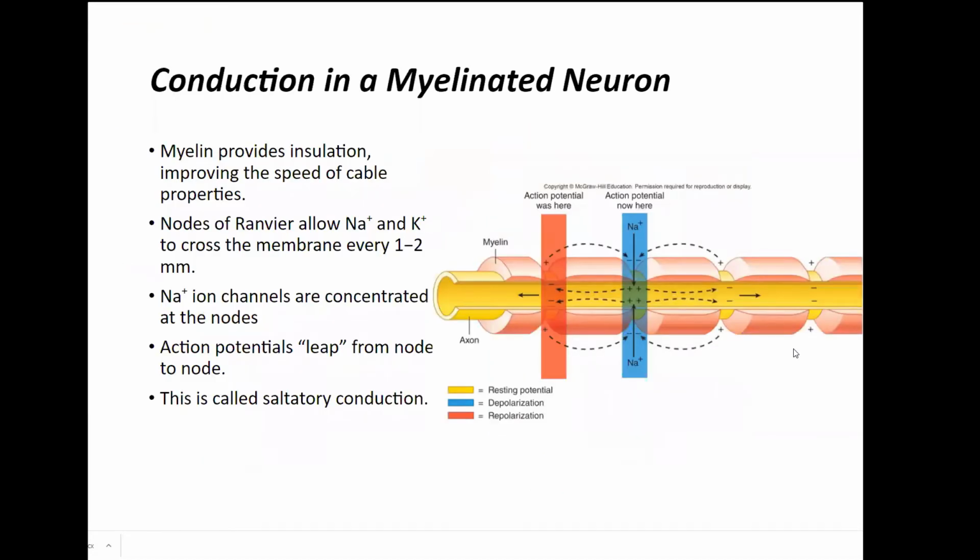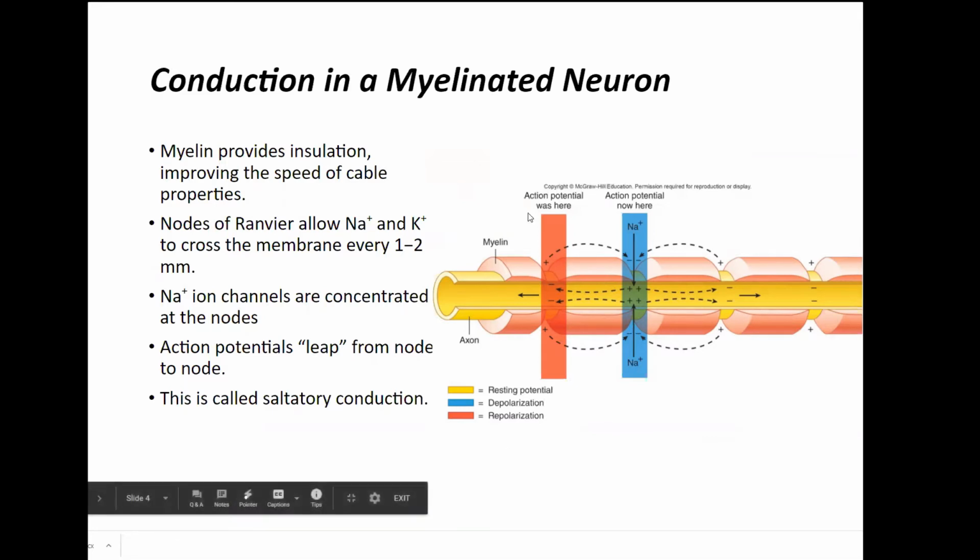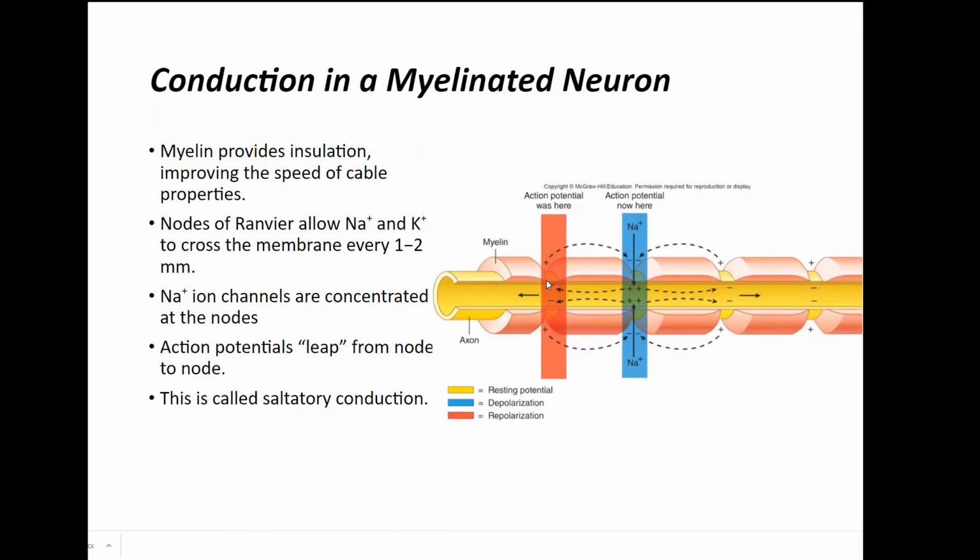And we compared this to conduction in a myelinated neuron, which is a little different. Specifically, myelin makes neurons conduct these action potentials faster because they don't have to trigger every bit of the membrane. They just jump between gaps in the myelin. So myelin wraps around our neuron, covers over the membrane, and we have these nodes called nodes of Ranvier.